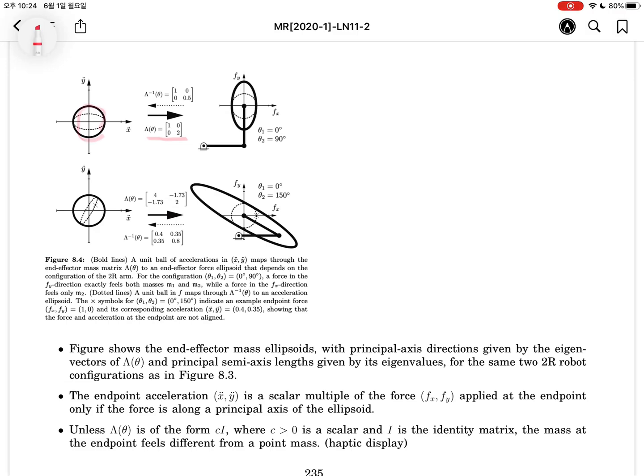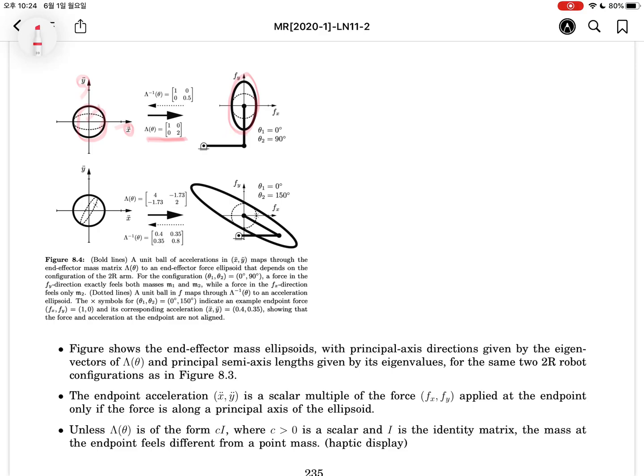Then if you apply the unit circle of linear acceleration x2 dot and y2 dot, some ellipsoid is obtained. Let's reinterpret this equation.